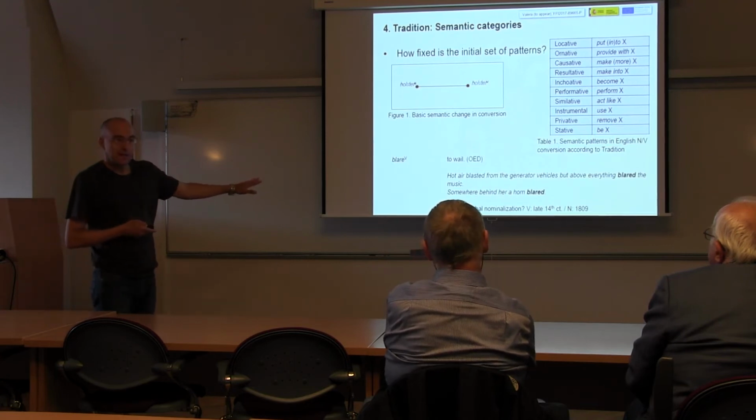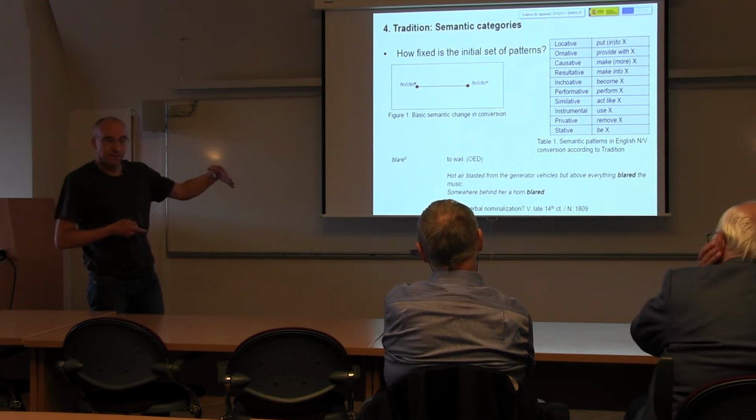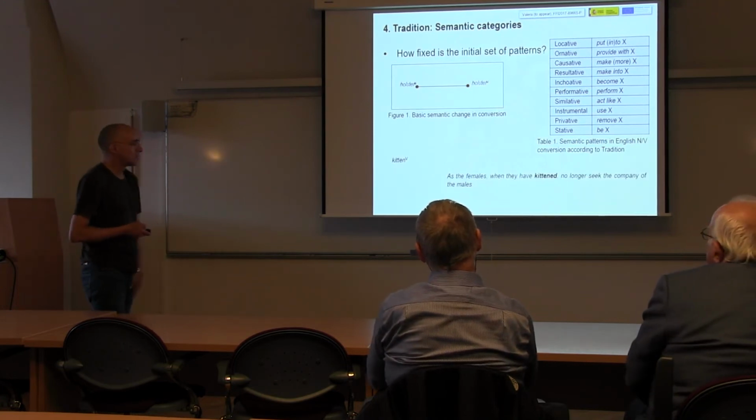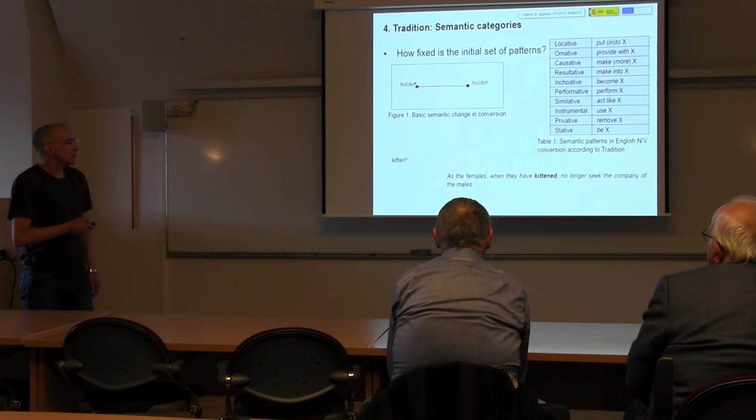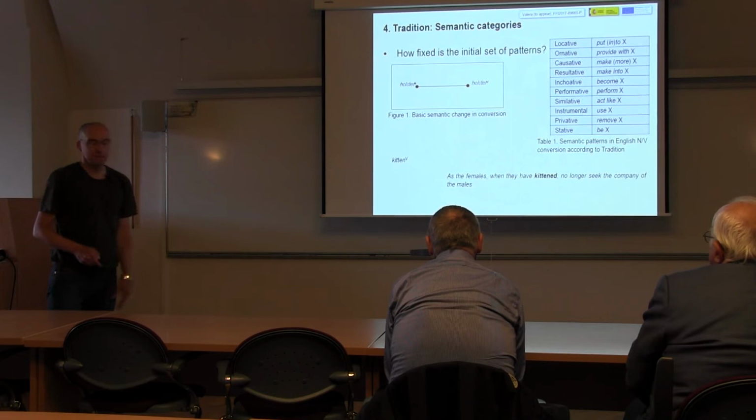We will come back to this example later on if you want, but I want to present a range of cases that are difficult for me to classify. This is another one. With no definition in the OED, it is not recorded in the OED, to kitten.